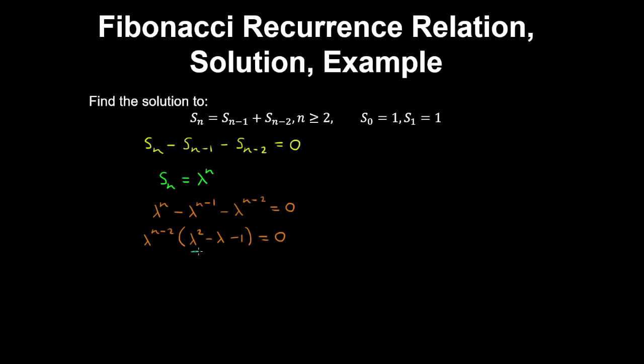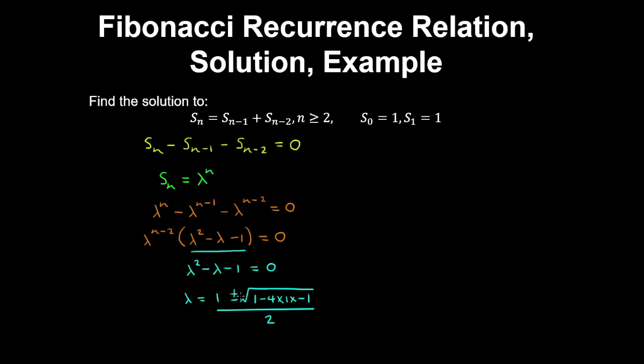So this equation is satisfied when the characteristic equation is equal to 0. And if we solve this using the quadratic formula, we have lambda is minus negative 1 plus or minus the square root of minus 1 squared, which is 1, minus 4 by 1 by negative 1, and that's divided by 2 by 1.